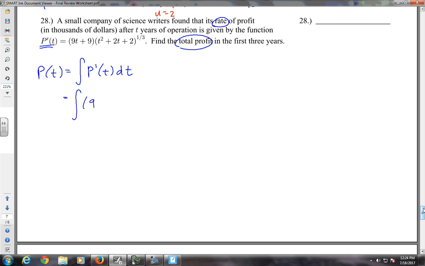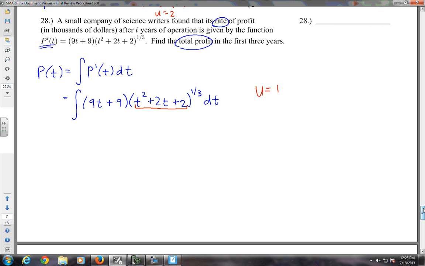This is the integral of 9t plus 9 times t squared plus 2t plus 2, raised to the 1/3, with respect to t. Again, because I have a composition, a function of t raised to a power, I'm going to have to make a substitution.